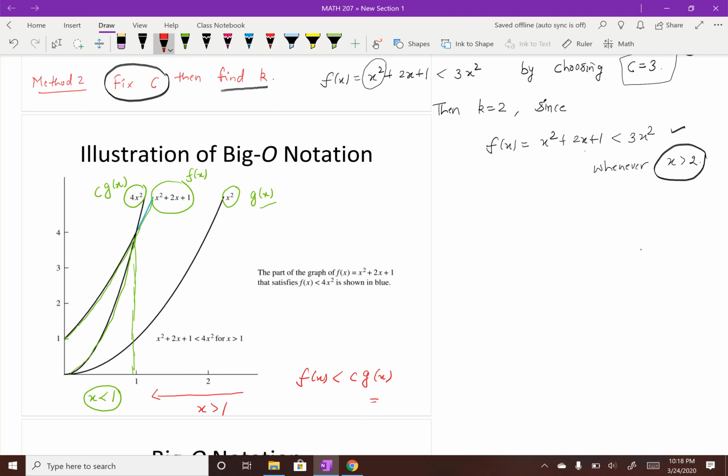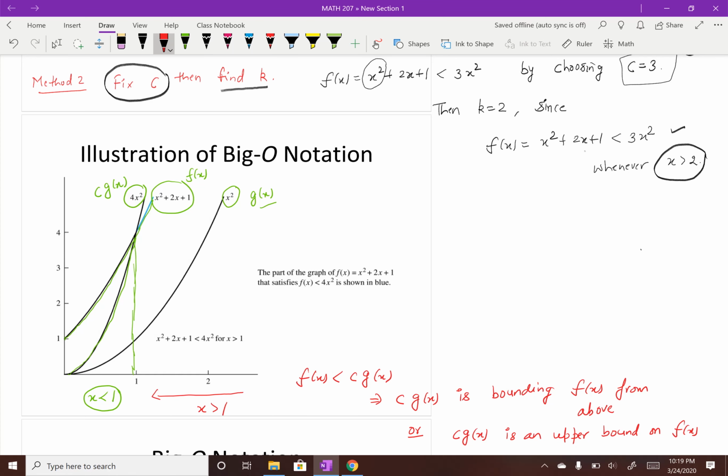So you will say this implies c times g of x is bounding f of x from above. Or you can also say c times g of x is an upper bound on f of x. Okay, so this is the meaning of big O notation.